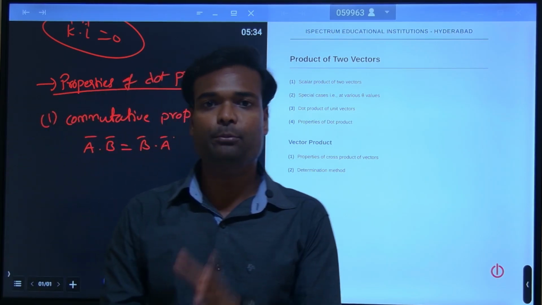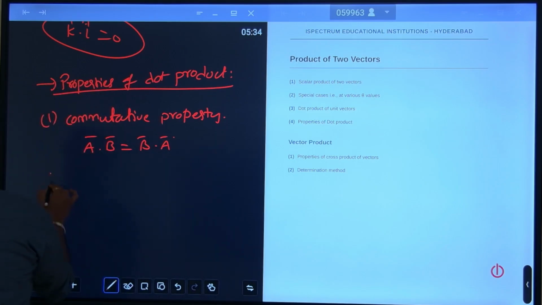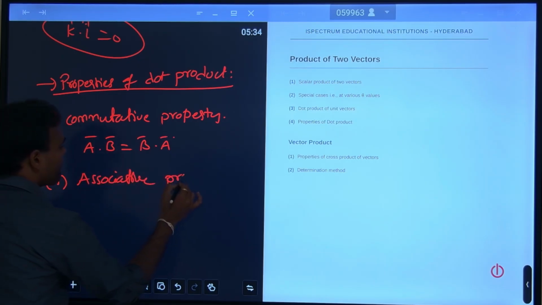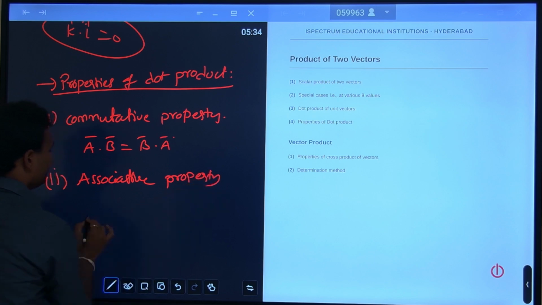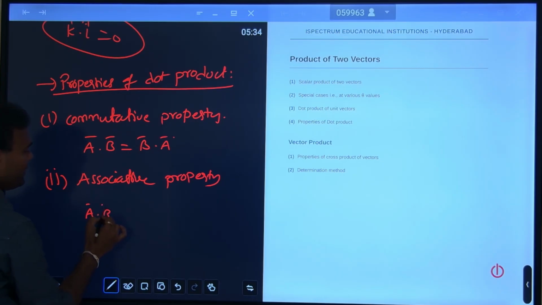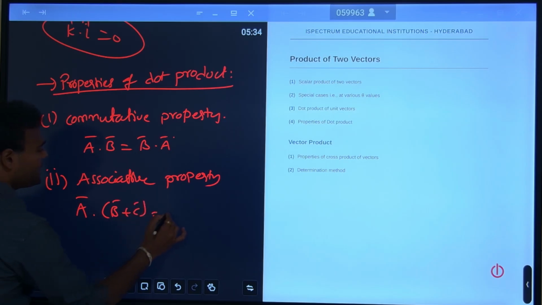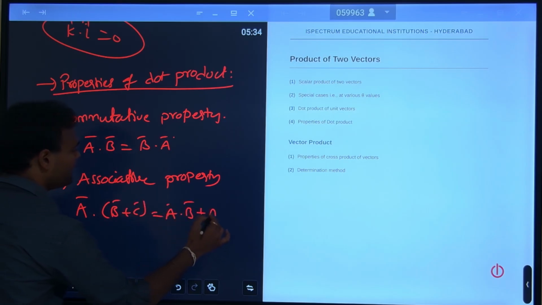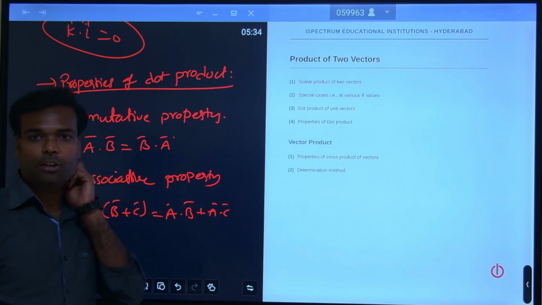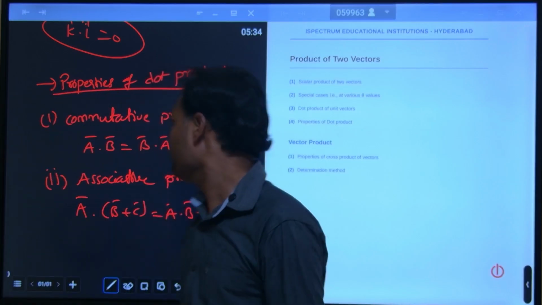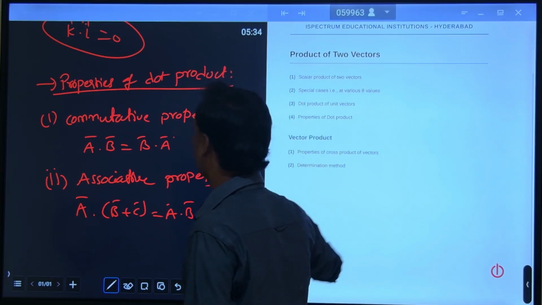And number two, distributive property. That is a dot (b plus c) is equal to a dot b plus a dot c. This is also possible in dot product. And these two are the properties of dot product.